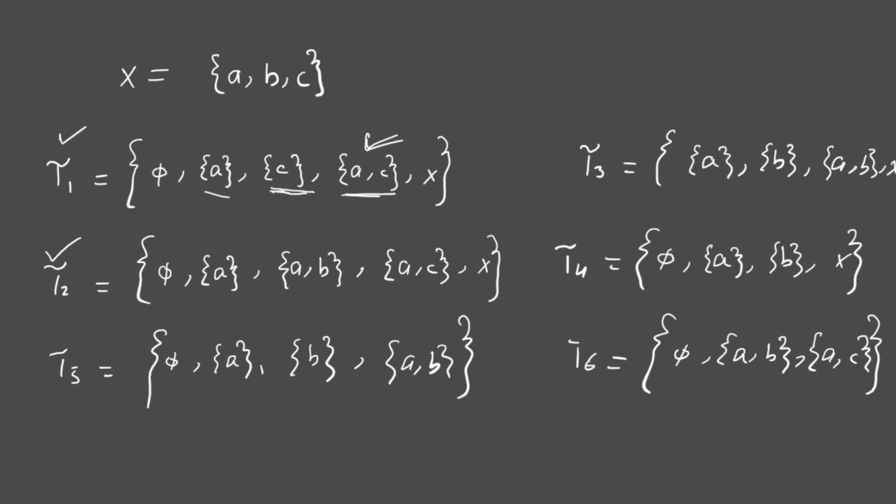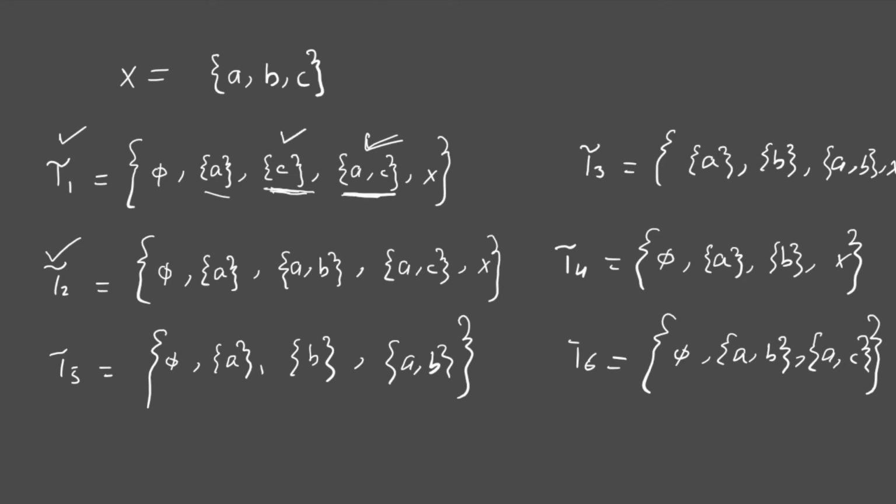I am saying that tau 1 is a topology. Checking the intersection of C and AC, the answer should be C, and of course C exists here.